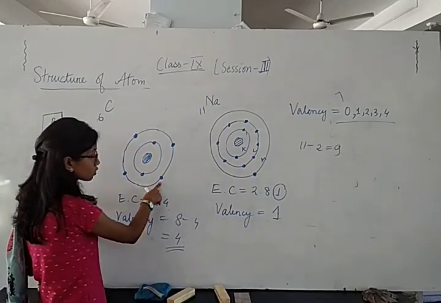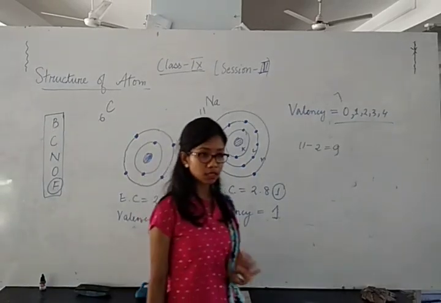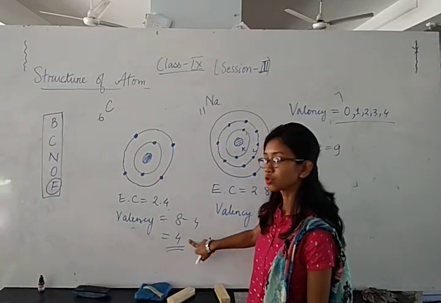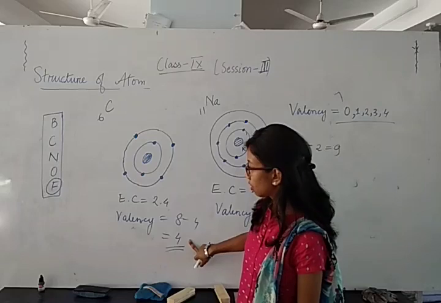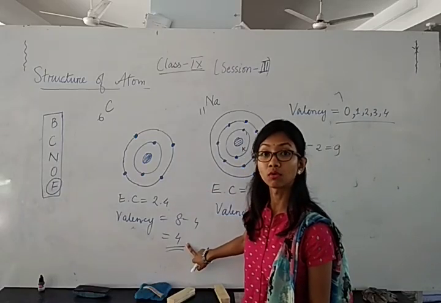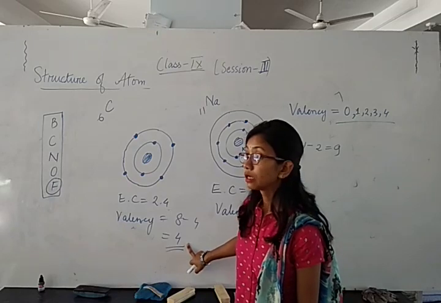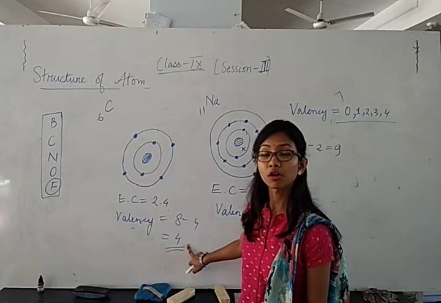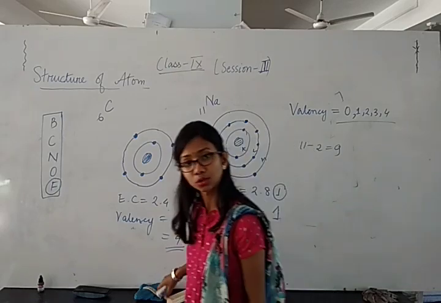Since the outermost orbit can contain only 8 electrons, the valency is 8 minus 4 equal to 4. What is the valency of carbon? Therefore, the valency of carbon is equal to 4.